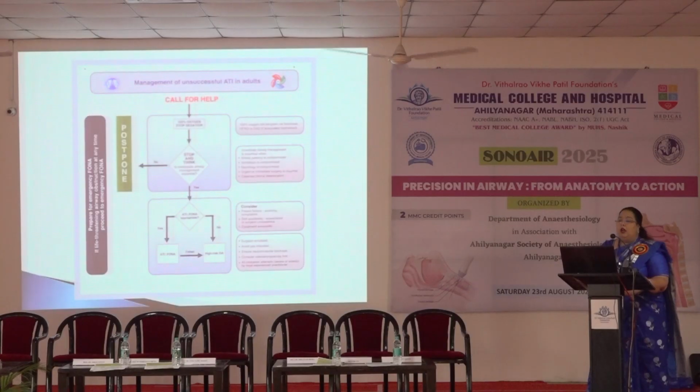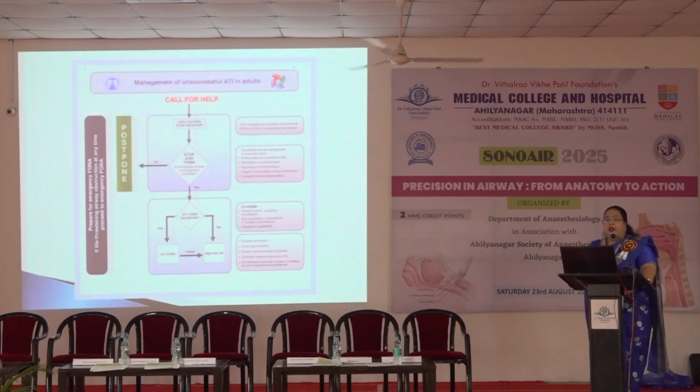You will give 100% oxygenation, stop sedation, stop and think if the immediate airway management is essential or not. If the awake tracheal intubation is impossible, then you will have to go for FONA, and the patient will be high risk for GA.